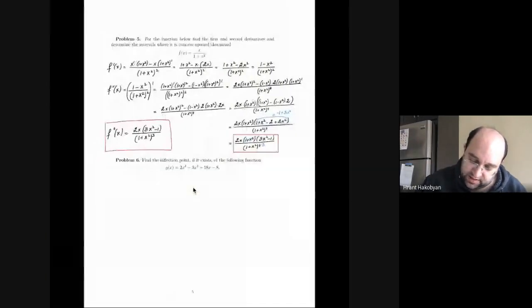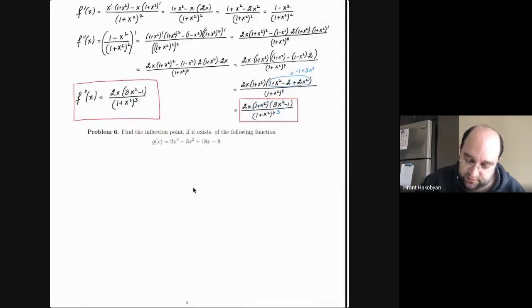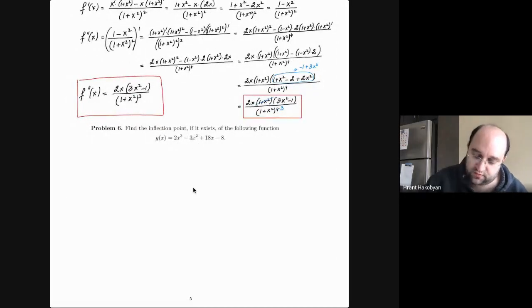Okay? The next example is to find the inflection point, if it exists, of the following function. Let's find the derivative, the second derivative, and find what the inflection points are. This is a polynomial, so it's very easy. The derivative is 2 times 3x squared, so 6x squared, minus 3 times 2x, so 6x, plus 18, right?